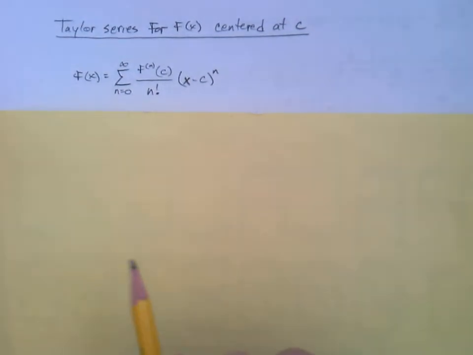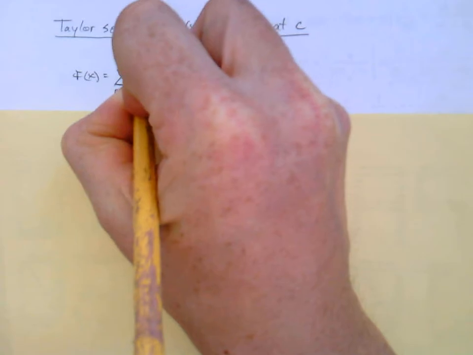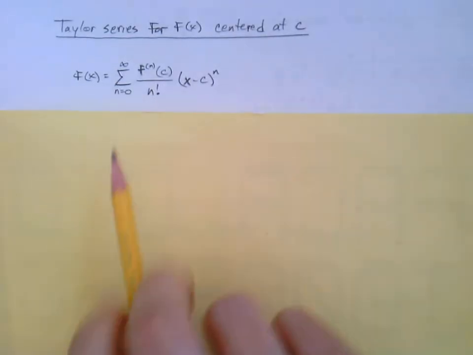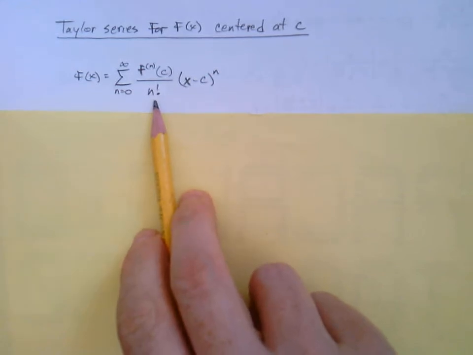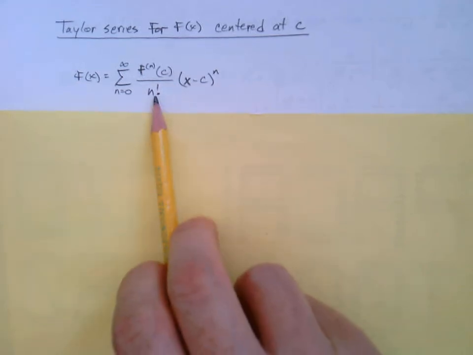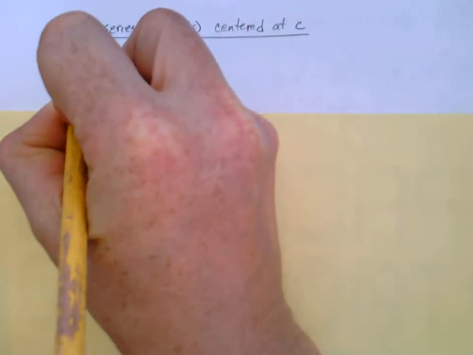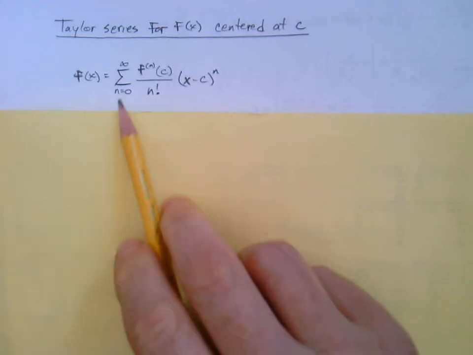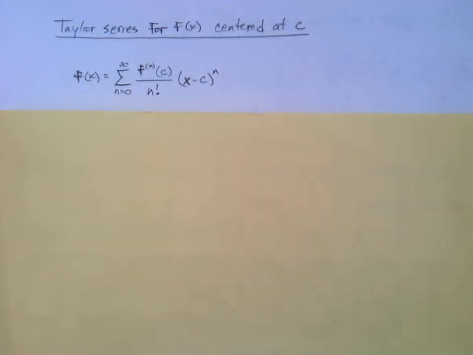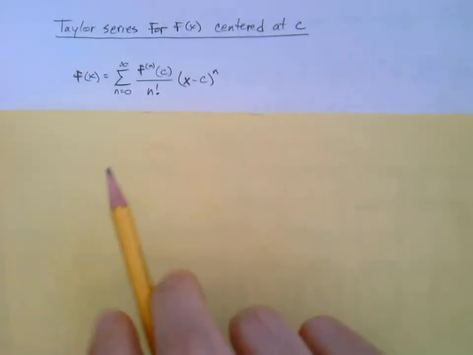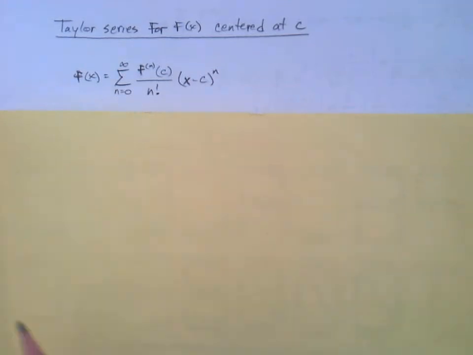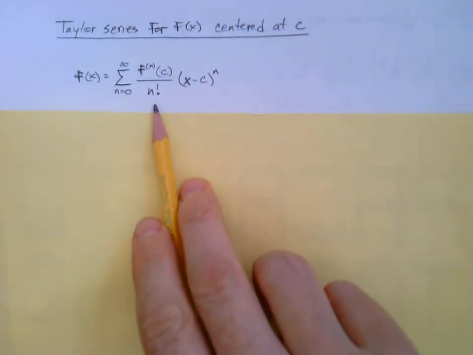All we're going to do is the natural next step to that theorem: plug in what we know the nth coefficient to be, the nth derivative of your function evaluated at c over n factorial. f of x will equal the power series with that coefficient times x minus c to the n. It's not written, but we assume this is only equal for values of x that converge. What's important, of course, is that coefficient.